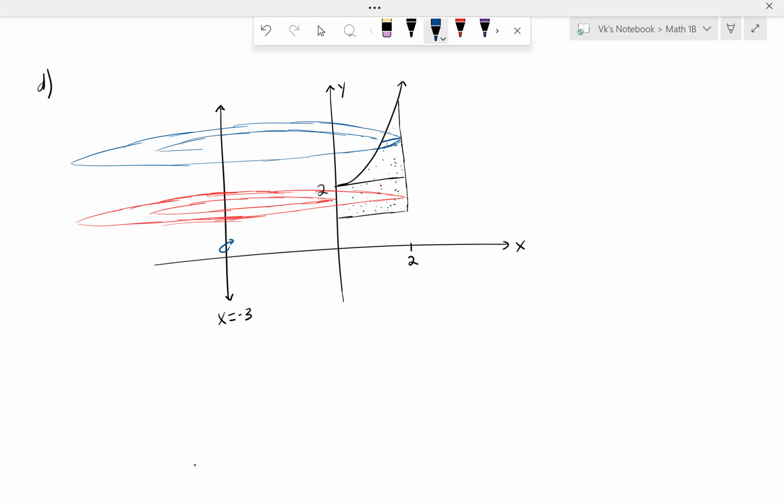Oh, my scale is pretty bad. Take a look at the one on the top. From here to here, that would be the bigger radius.